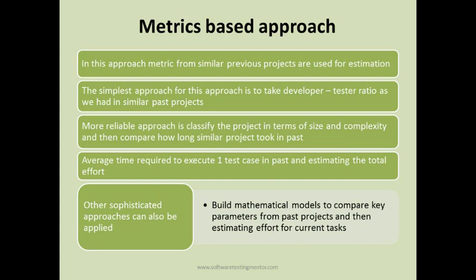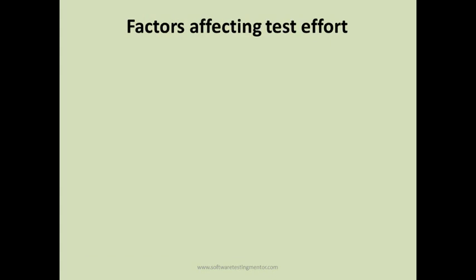All this information can be entered into mathematical models, which will in turn estimate the effort required for the current task. But this requires building a mathematical model wherein you can feed the previous metrics data and get the current estimate.